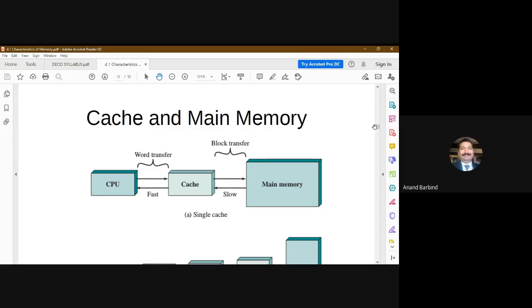Comparatively, this particular unit is a bit easier than the last unit. The fourth unit is typically quite difficult and tricky to understand, especially the pipelining concept, the different types of hazards, and all these things. So I would like you to keep on revising the fourth unit.